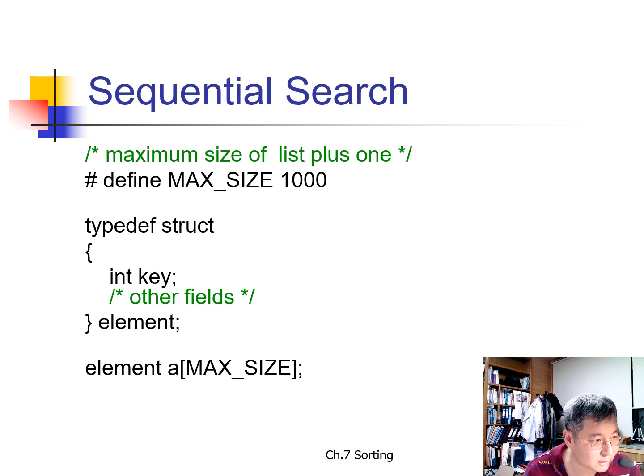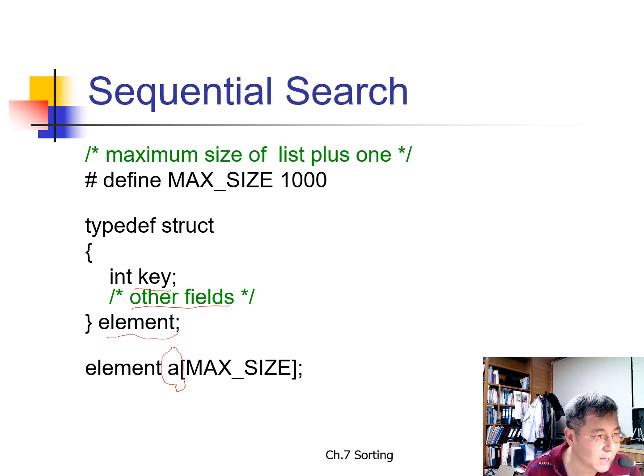this data structure, where each element has key values and other field data stored in it, and we have some array to store this type of data.